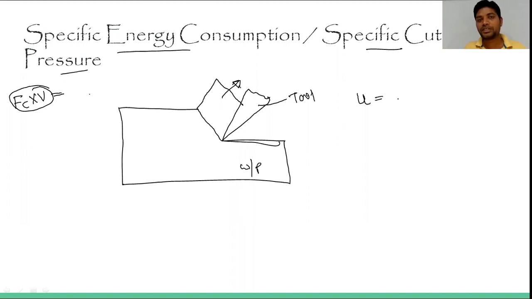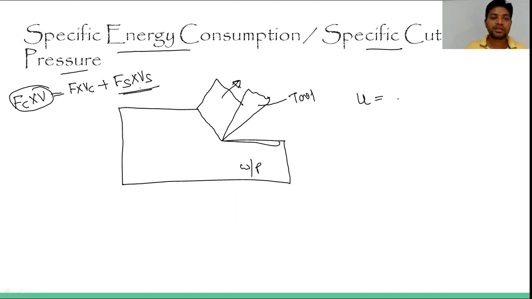First is the friction energy, and the other is the energy required for the shearing action. When it is converted into friction, we define it by F into Vc, and when it is used for the shearing action, we define it by Fs into Vs.